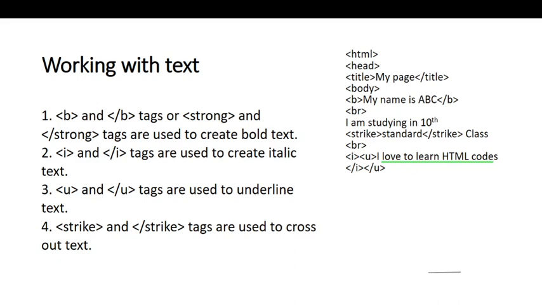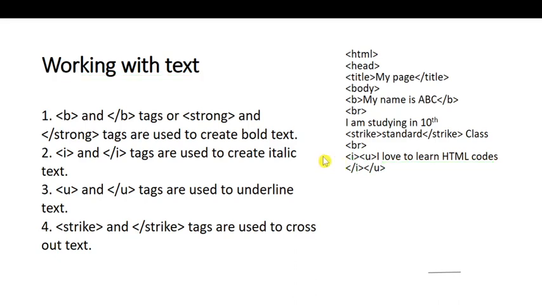Underline means, for example, if we want to underline "working with text", it appears like this. This is the example of underlined text. So we are telling the browser to underline this text, "I love to learn HTML codes", as well as to italicize it.